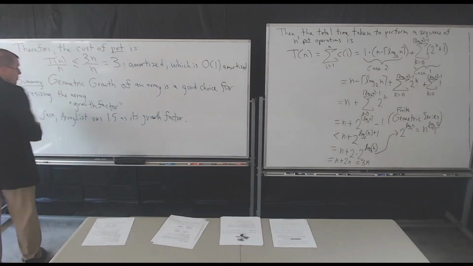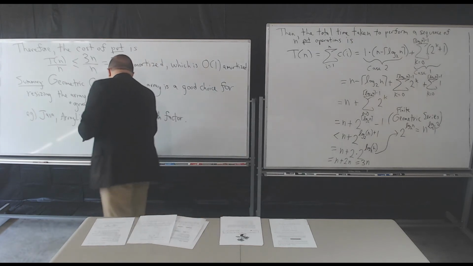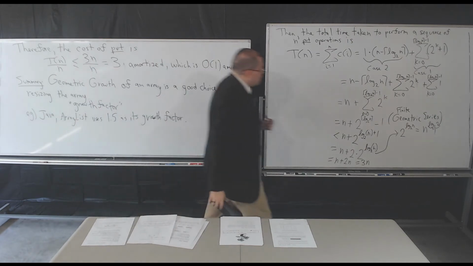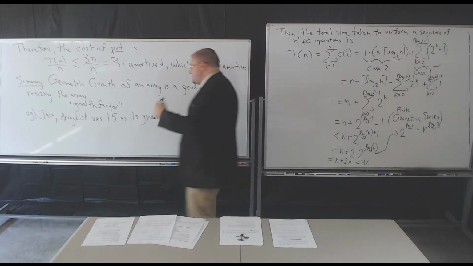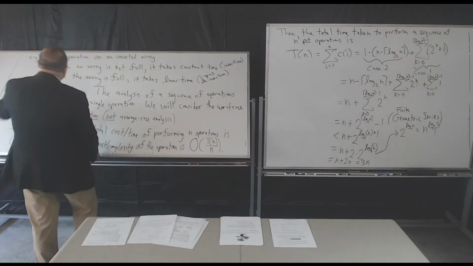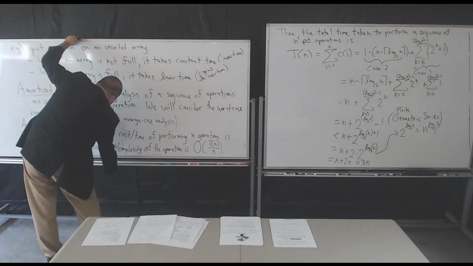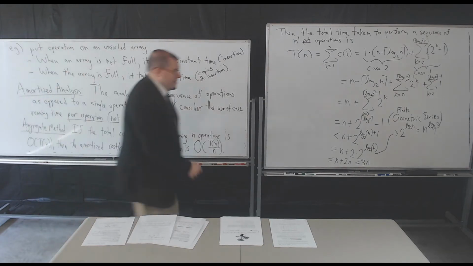Now, I want to ask you a second question. This is the reason why I want to bring this up. You can see that here, we were able to stave off the expensive costs by avoiding the situation of the expensive operation by prolonging it long enough.